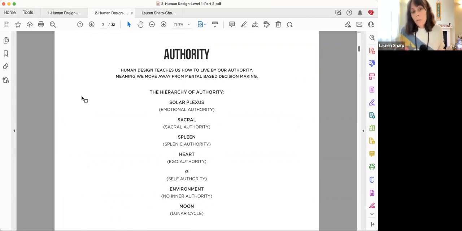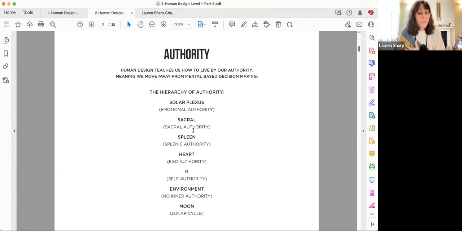The hierarchy of authority, as you can see I've listed here, now this hierarchy is not that it's more important than the other. The fact is, there are more people who have a solar plexus authority, emotional authority, and there are more people underneath that who have sacral, which is, remember, the emotional wave, so you're feeling it out.